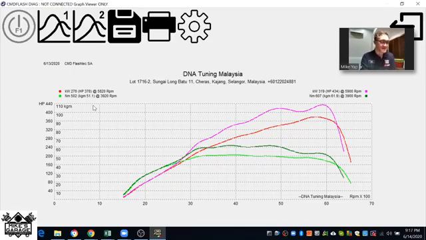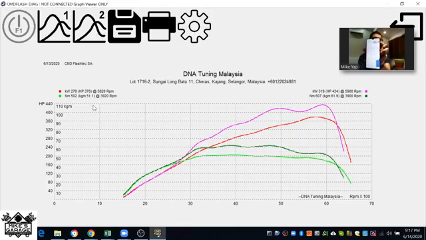So if you're kicking out 378 horsepower, using 15% power train loss, you're kicking out 322 horsepower at the wheels.